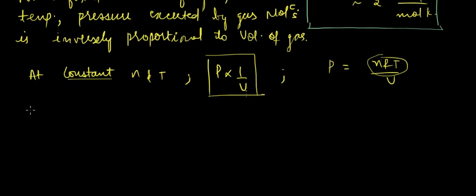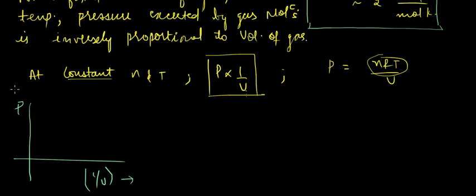Okay, so let's look at the graph of the same. We have to discuss the graph between P and 1 upon V. So it would be nothing but a constant value, which is m or tan theta, which can be written as nothing but nRT.